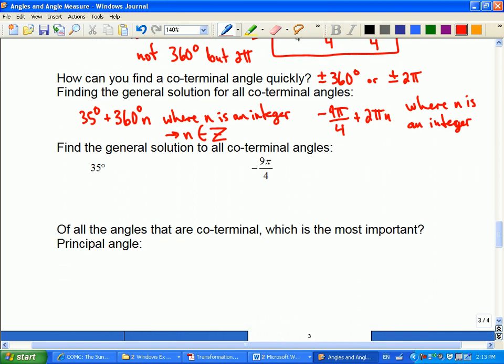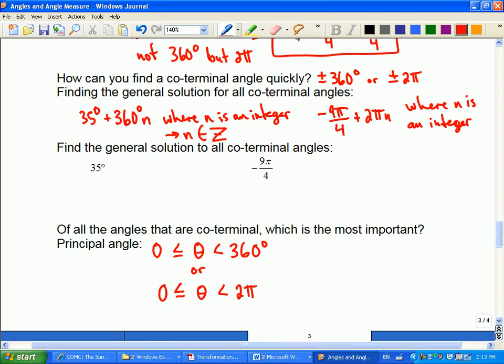All right, so we're really only going to use coterminal angles for one kind of goal, and it's getting us to what we call a principal angle. And this is the one which is between 0 and 360 degrees. And again, now that I'm trying to get you guys acclimatized to radians, it's 0 to 2 pi.